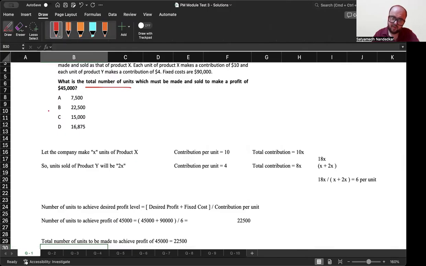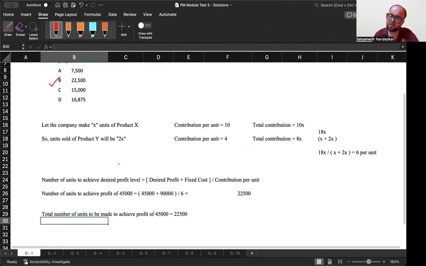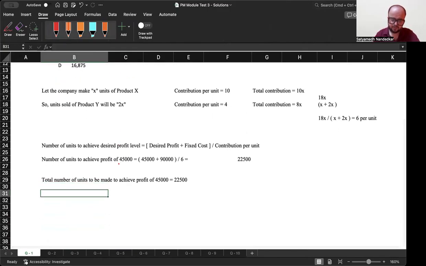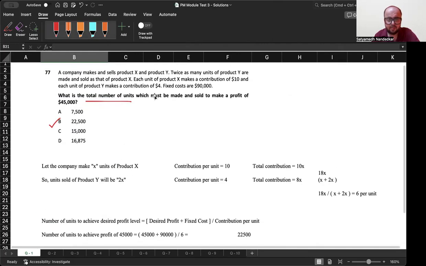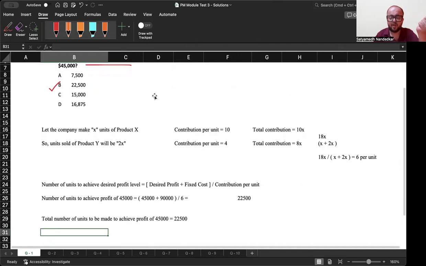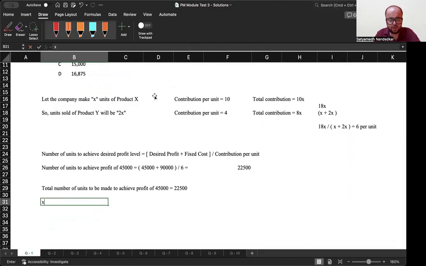Now, if the question would have asked you how many units of X or how many units of Y, you know that twice as many units of product Y are made. So units of X will be X and units of Y are 2 times that of X. So this will be 2X. Okay, X plus 2X is 22,500.